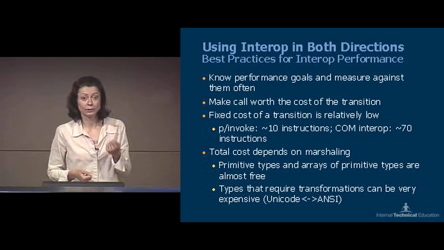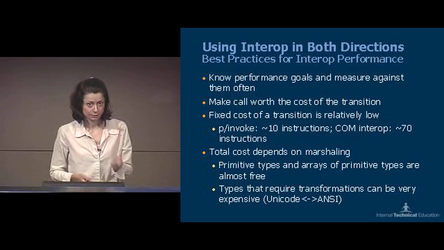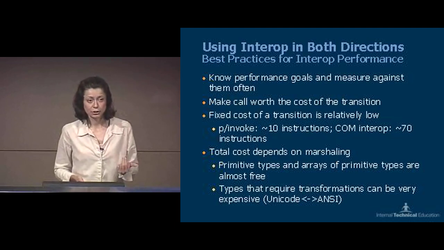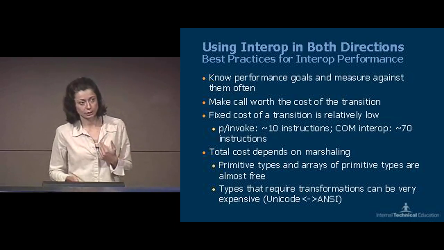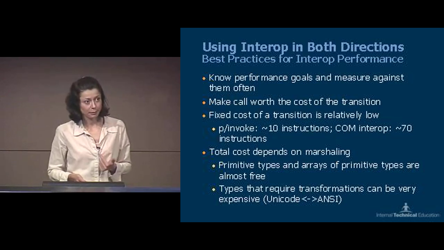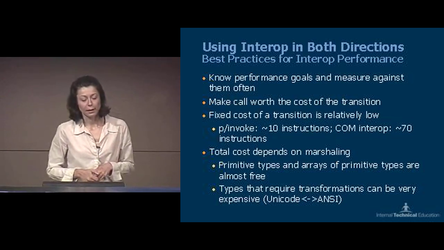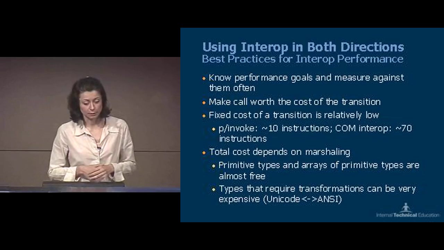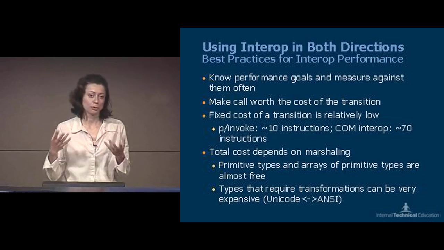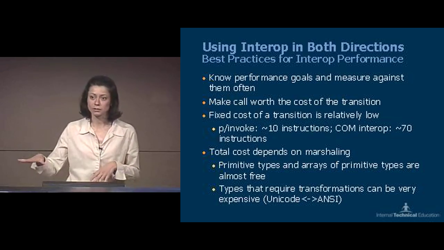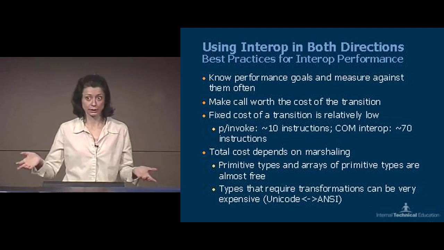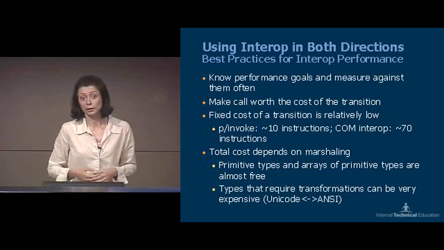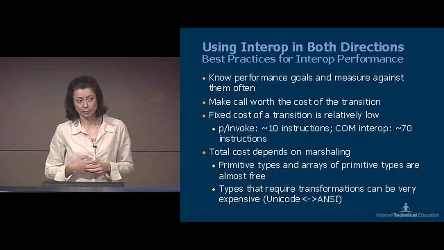Always, if you can, design so that each call is worth the transition, because as you can see, for pinvoke it takes 10 machine instructions to make the transition and around 70 for a COM interop transition. Plus, you have to add the cost of marshalling. If you use primitive types like integers, there is no cost. But if you're using strings that need to be converted from BSTRs, Unicode, or ANSI, there will be a cost, so you need to know about this too.